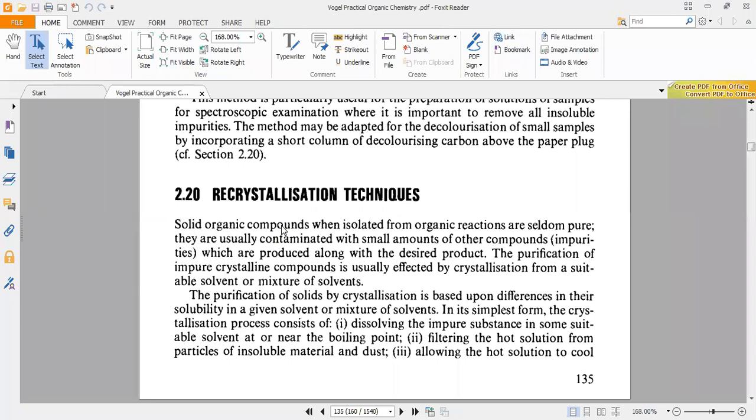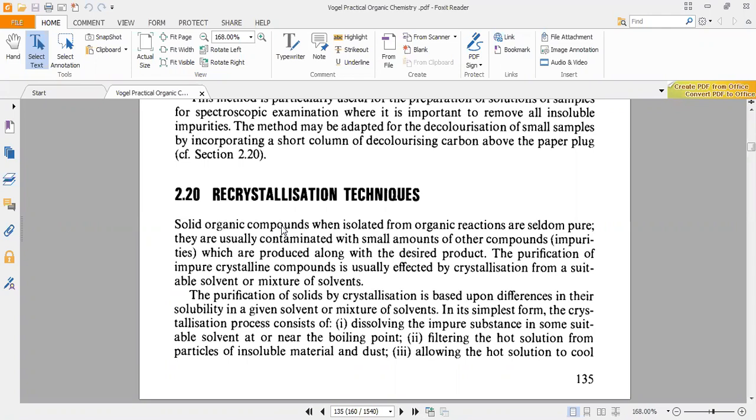If we pass steam through this, then the compound having the low melting point shall melt and come with the steam. The other, which has a higher melting point than steam, shall settle in that flask. This is another way solids can be separated by distillation, but there are limitations. So steam distillation can also be taken into account. It all depends case to case.